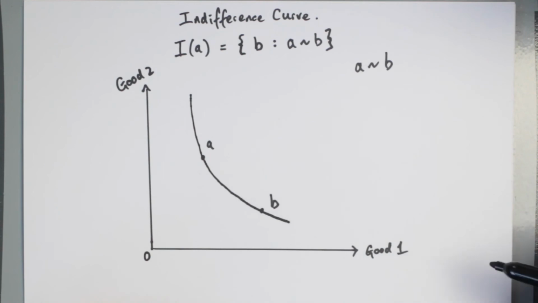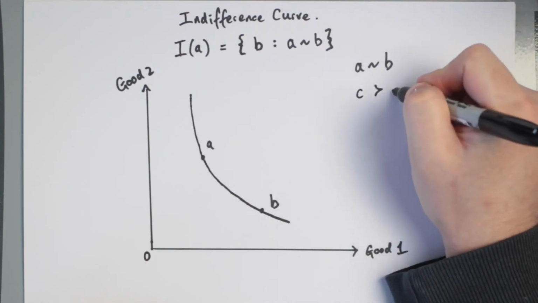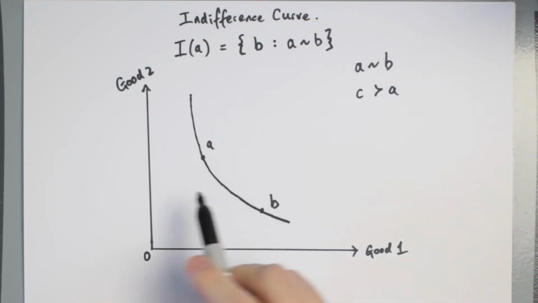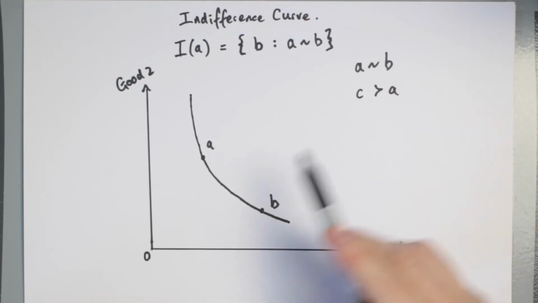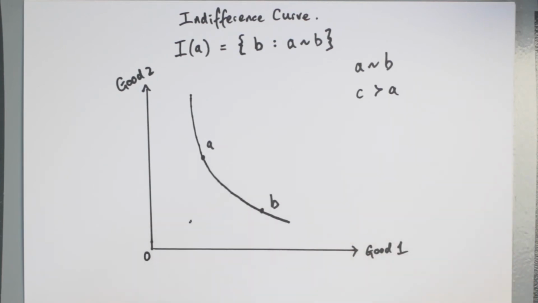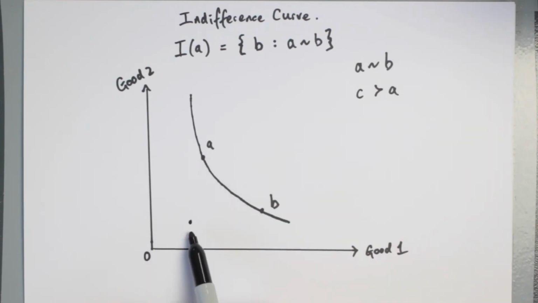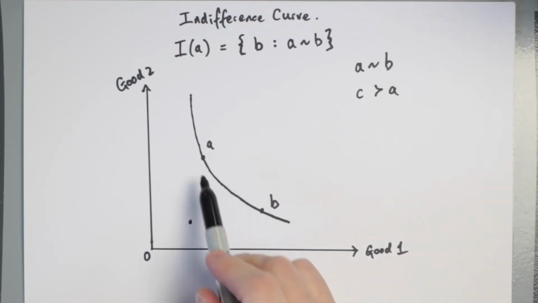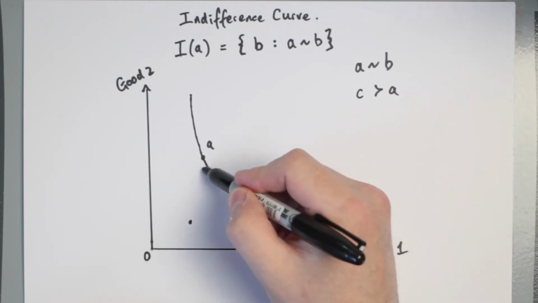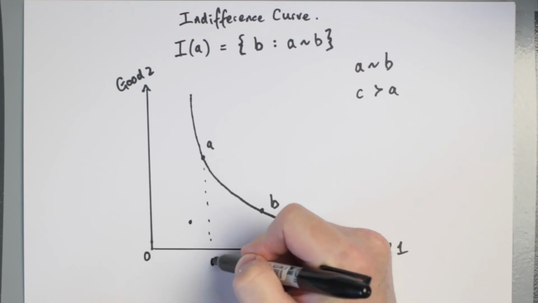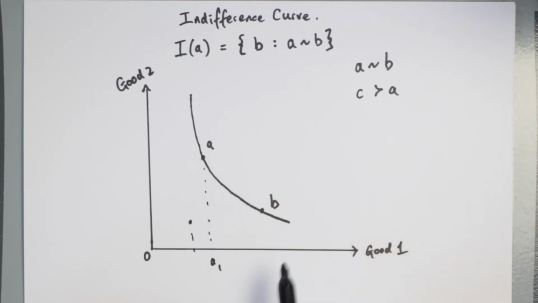So that's very typical. What about if C is strictly preferred to A? Well, then C is not on this indifference curve. Now, we wouldn't expect it to be down here, really, when we think about our axioms. We'll talk more about that in a minute. But if I look at a bundle down here, if I compare it to A, it seems to have less of good 1. So there's A1, and here is this amount.